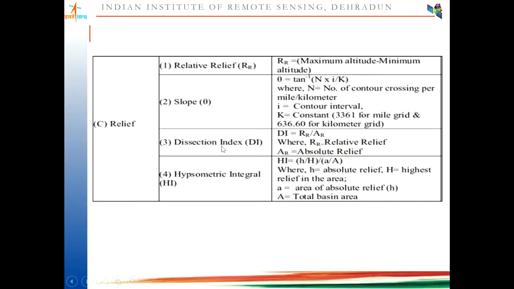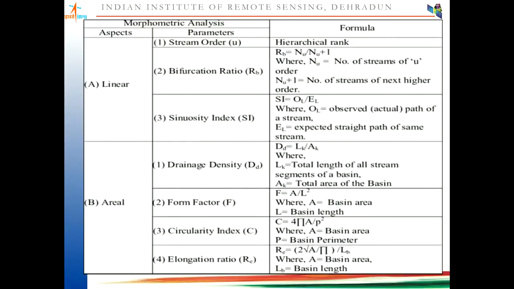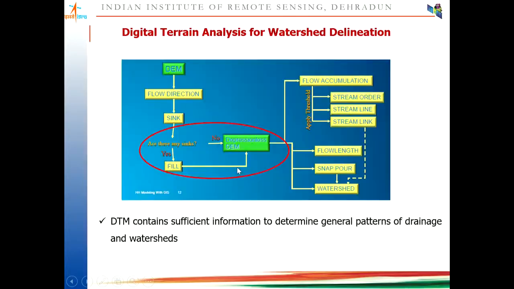Dissection index shows how our watershed is dissected. If the watershed or sub watershed is more dissected, it means the erosion rate is high. Some of these parameters can be analyzed once you get the drainage map, and we can generate this drainage map from the digital elevation model automatically using GIS software. I will also show that, but these terrain morphometric parameters of the watershed can be analyzed.